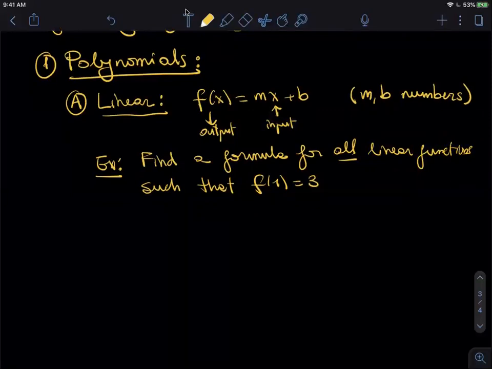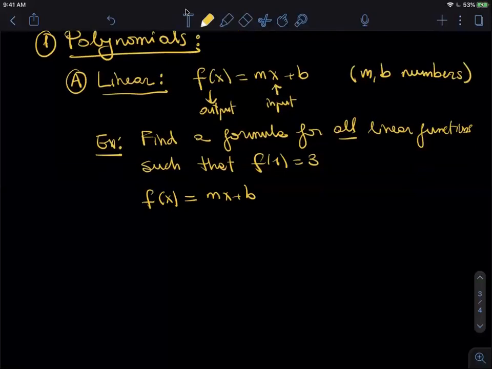So we have a template here that is mx plus b. Let's try out what happens here. We need f of 1 equals 3, so we need this condition to hold. We need to replace x by 1, and we are set.